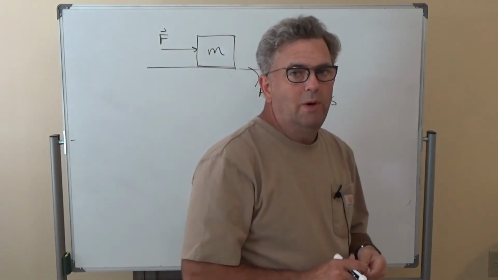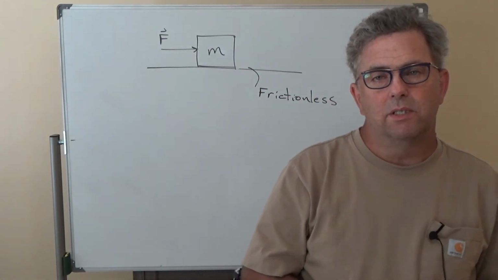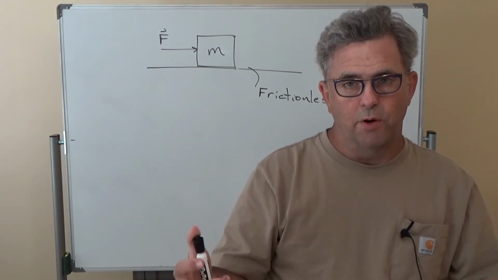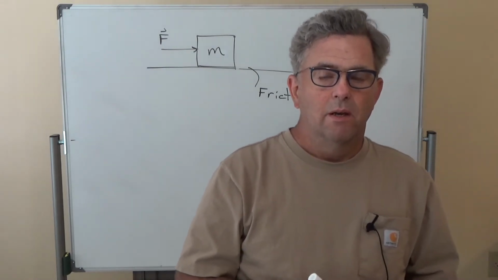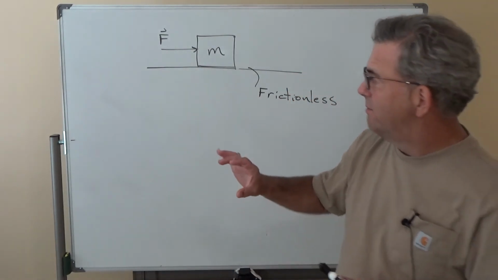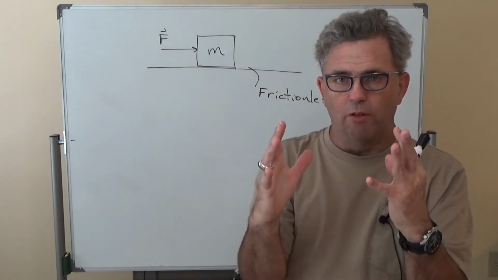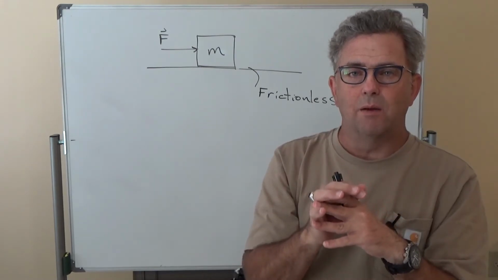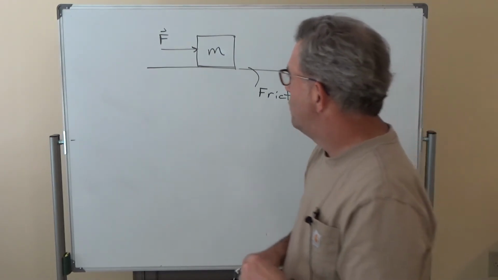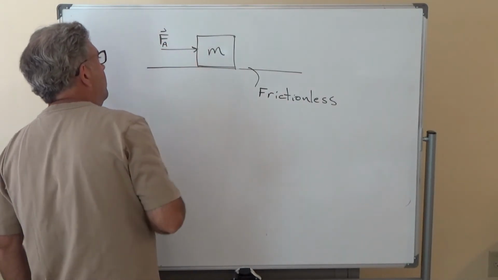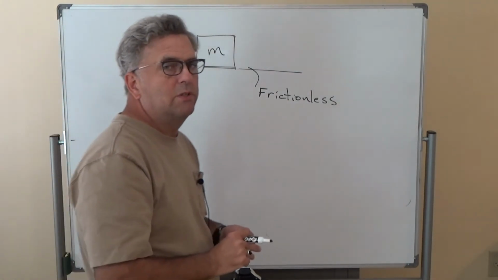When we're working with these problems on Newton's second law, we always want to draw a free body diagram. A free body diagram takes the object out of its environment, and we draw the forces acting on the object. I'm going to call this F_A, the applied force.